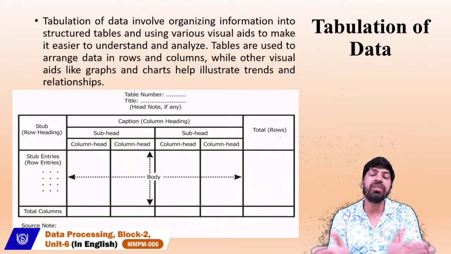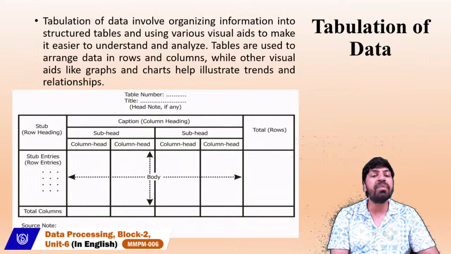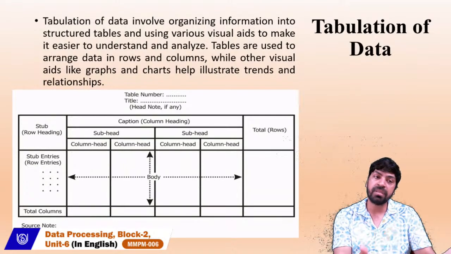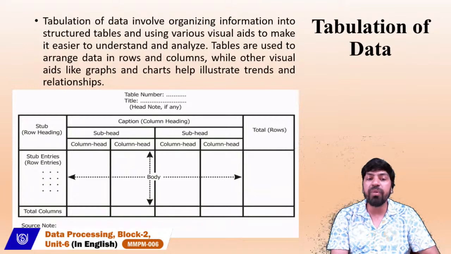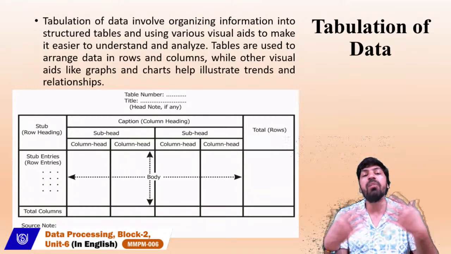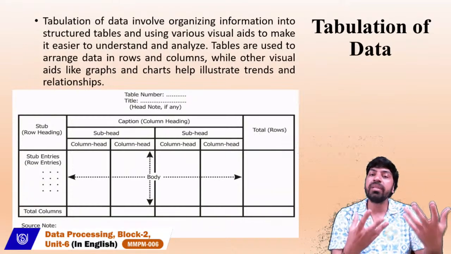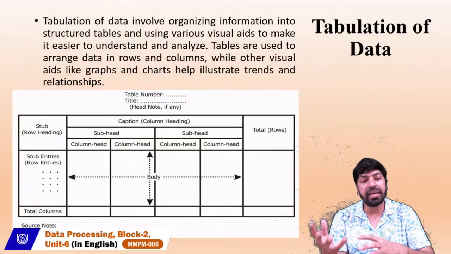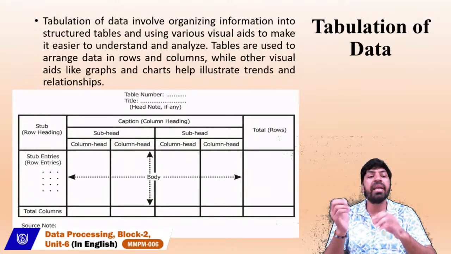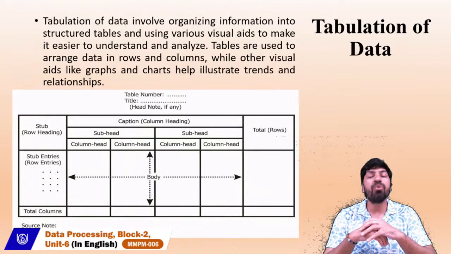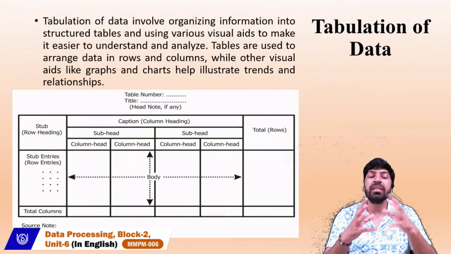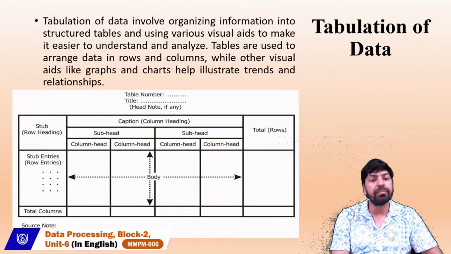So this is the format of the table: table number, title, the stub, where we talk about the row headings, captions, where we talk about the column headings, and under the column headings, we talk about the subheadings. The same goes for the row entries with the respective sub-row entries.